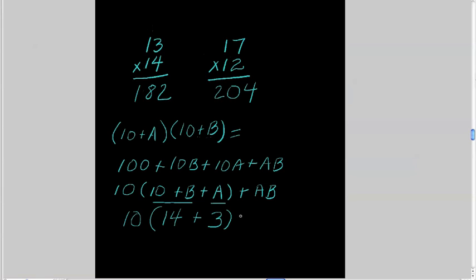So we're going to have 170 from that, 10 times 17. And then to that, we add the product of the ones places, which is 3 times 4, or 12. So we add 12 to the 170, and we get 182, just as we did when we did it entirely in our minds.